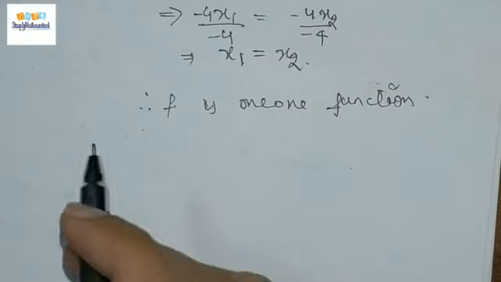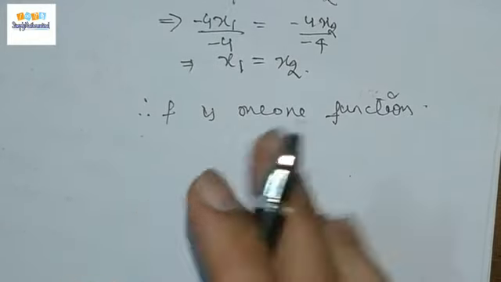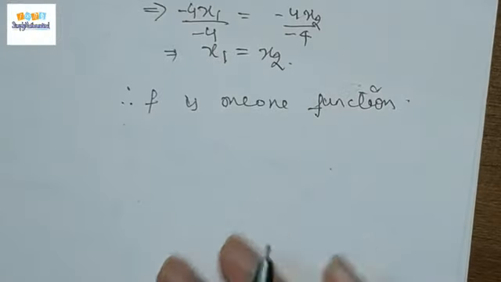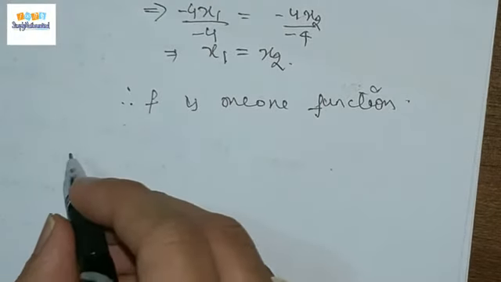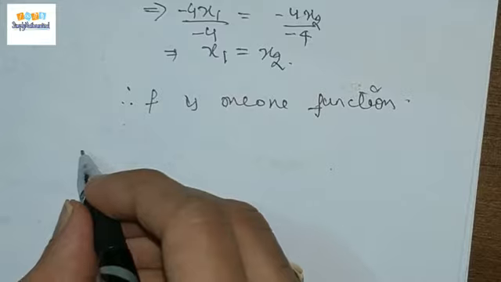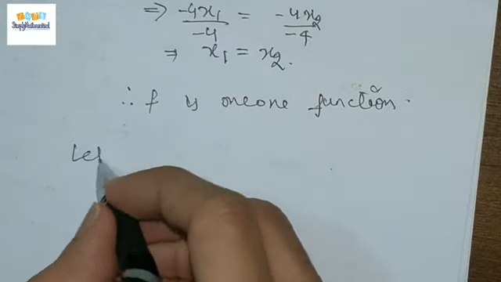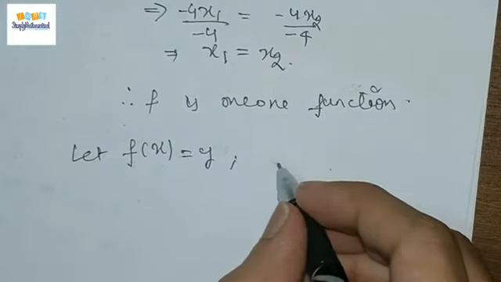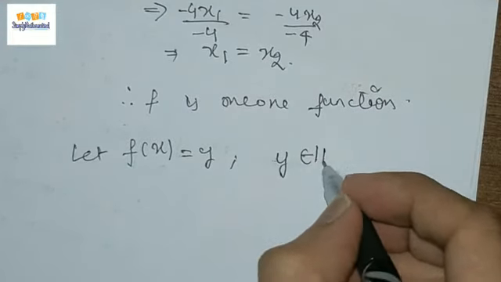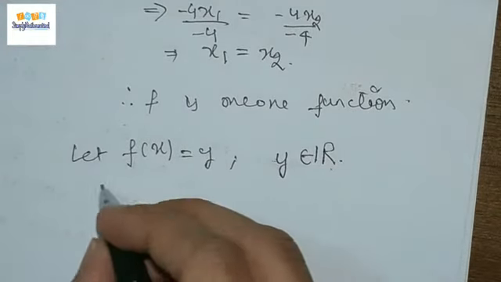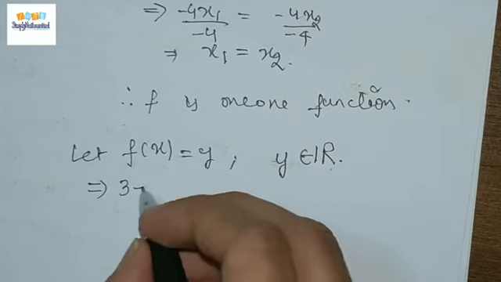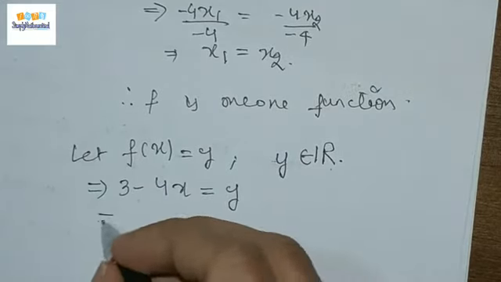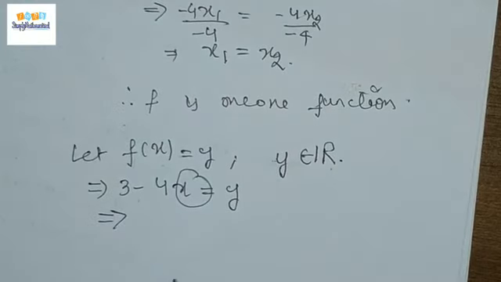Now let us see if f is onto or not. This looks like it is onto. See, there is no problem because we can show it like this. Now let f(x) be equal to y, where y belongs to the codomain, that is the real numbers. Now f(x) is 3 minus 4x, which is equal to y. So you try to find this x.